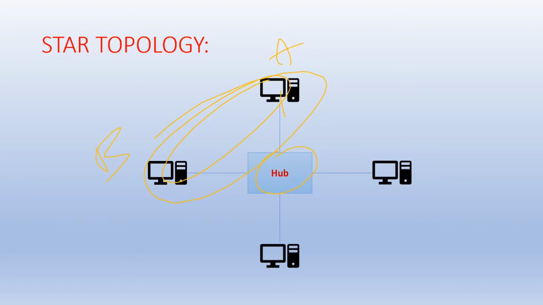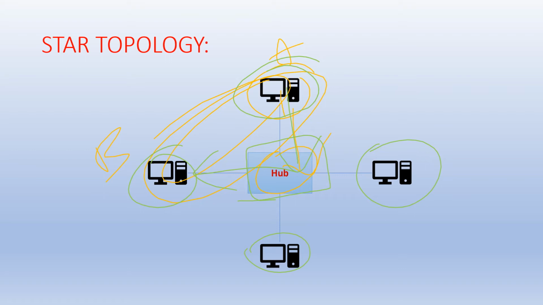Let's suppose this is A and this is B. If A is sending data to B, then the data will be sent from A to the central hub, and from the central hub to B. This is the process of transferring data in star topology. Here all the devices are connected to the central hub, which is a fast calculating, fast data transferring hub.